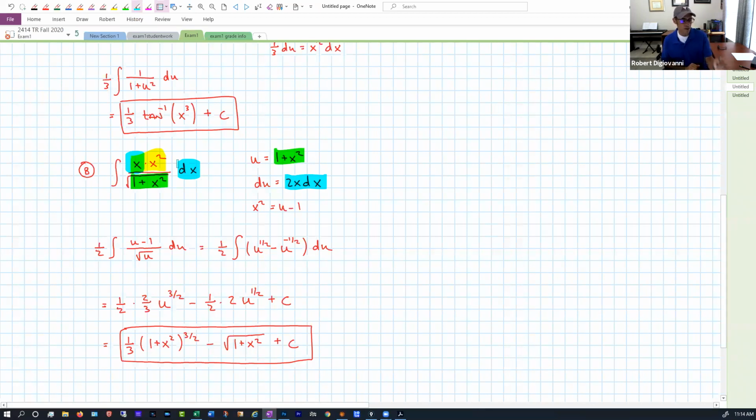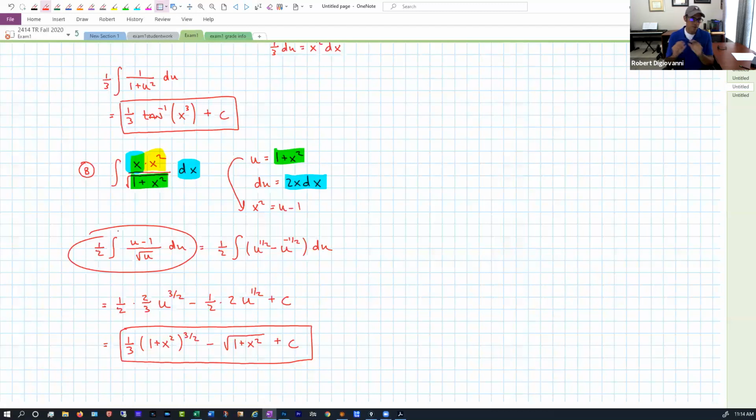The x squared you still have to take care of, but all you do there is take this equation and solve it for x squared. Then everything gets replaced. You can split it into two separate integrals because you have a single denominator and two terms in the numerator. Once you get it split up, you just use the power rule.